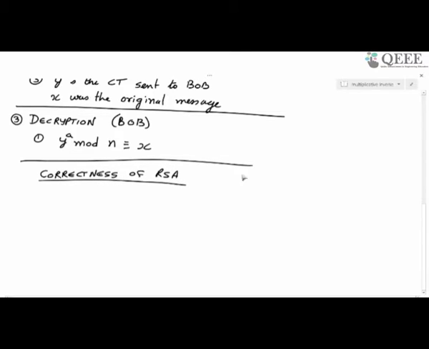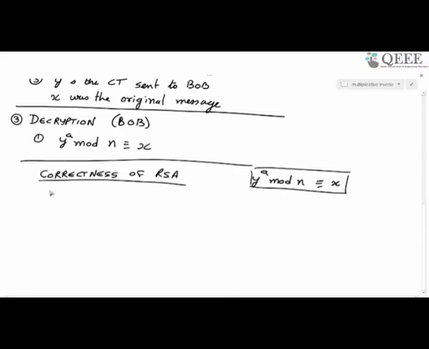What we want to prove is that if you take y, raise it to the power of a mod n, we should actually get the original message which was sent, x. So let us see if this is in fact true.